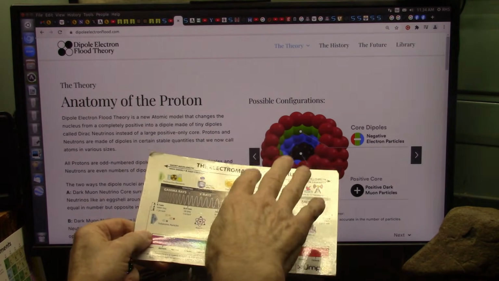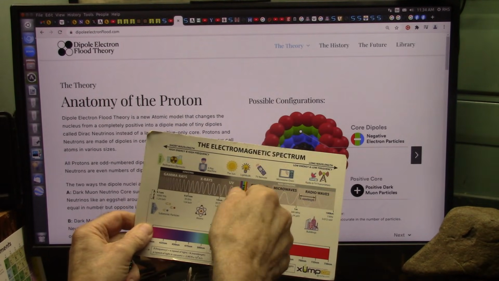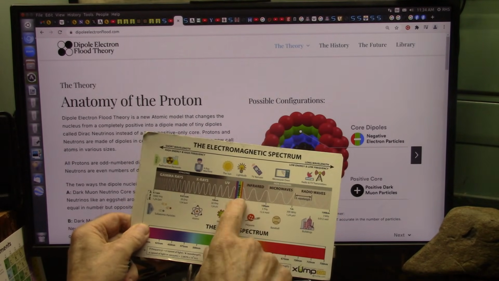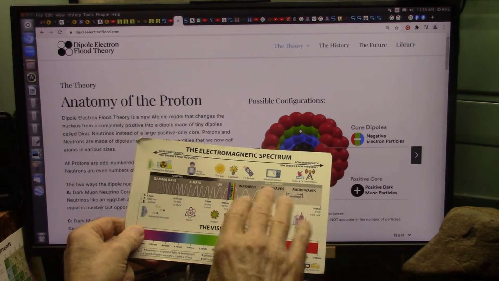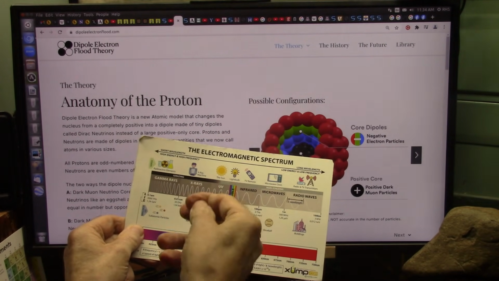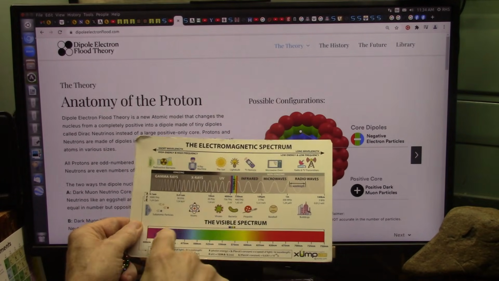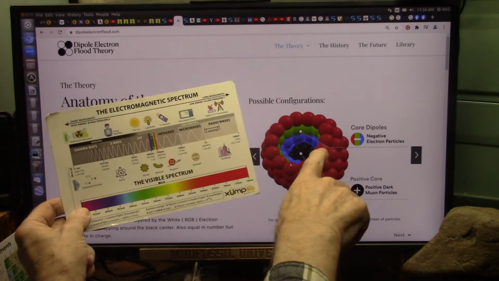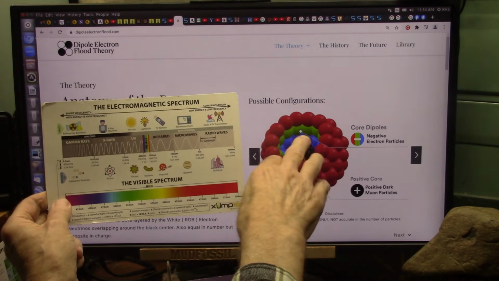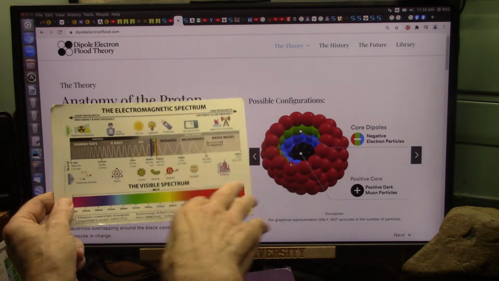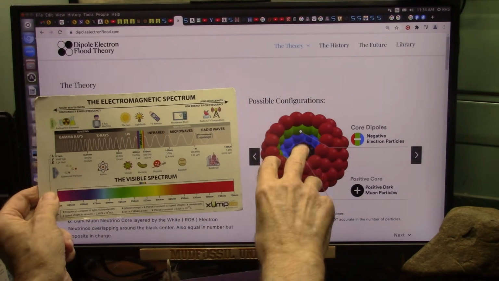All right, this is the area where you're just pulling the particles away. Below that, you're sort of shaking them and doing microwaves and radiation. Here, you're spitting out particles in the visible spectrum and these different colors. And the reds are on the outside edge. The greens are a little closer, and the blues are right on the core.